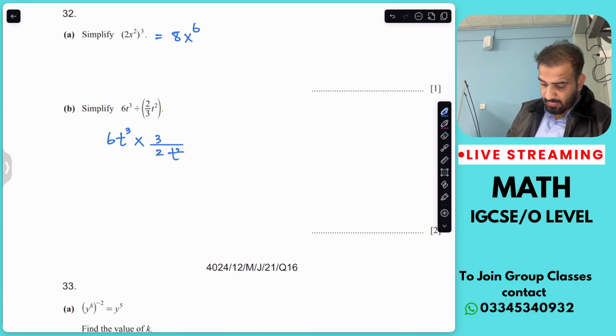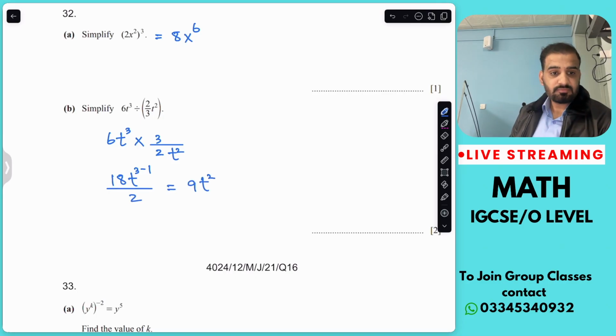So 6 threes are 18. T cube minus 1 over 2, which will be 9t square. Sorry, it is not 1. It is 2. So 3 minus 2 is 1. That's it.